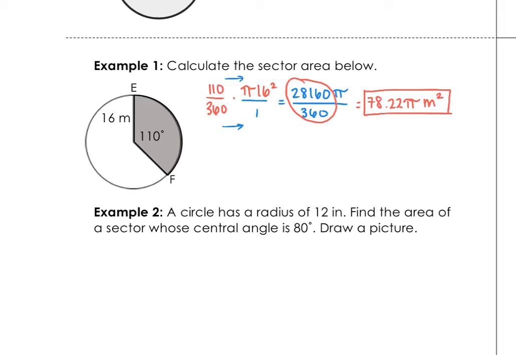Okay, so now to get my approximate answer, it's 78.22 times 3.14, so you should get approximately 245.62 meters squared.